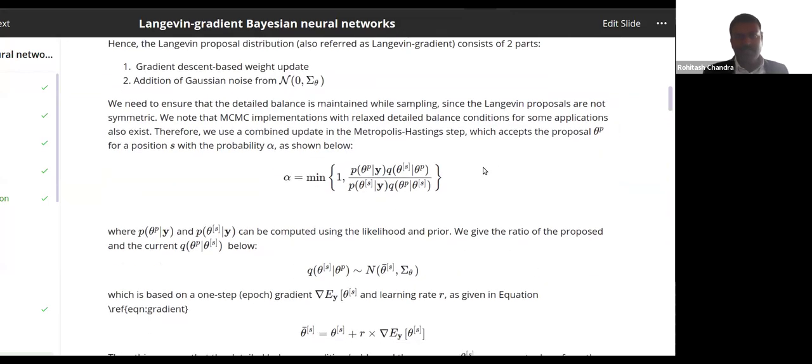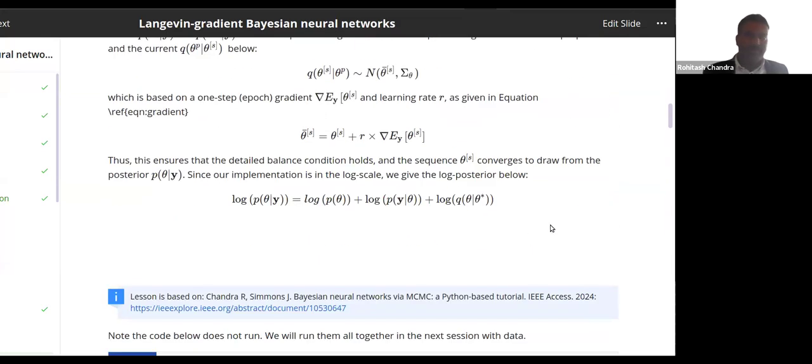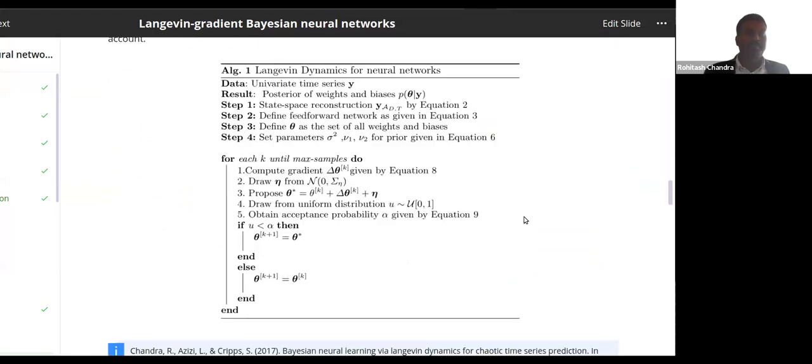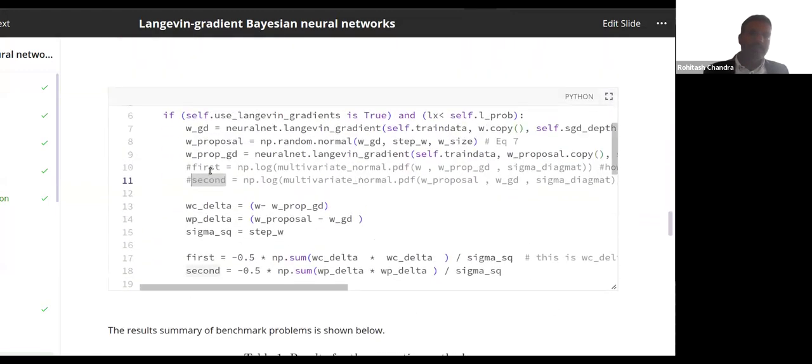So this is the first and this is the second. The first is the top, and it is computed by placing that vector into the multivariate normal distribution. But when you do that, you are going to get a numerical error, because this neural network, although it's small, has a vector size of weights and biases of more than 30.